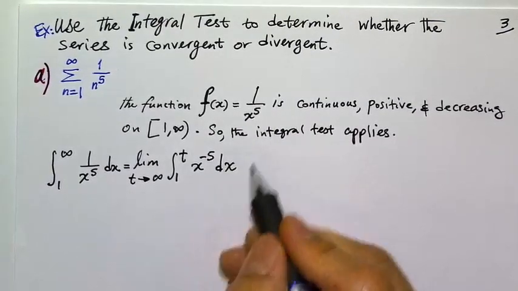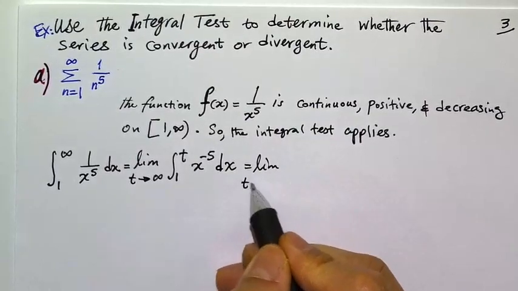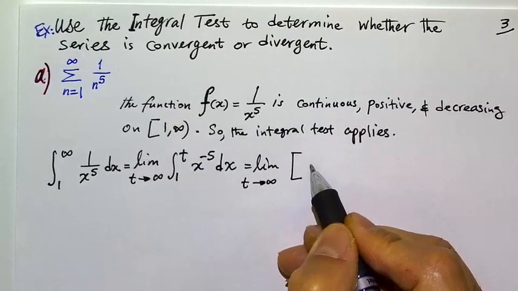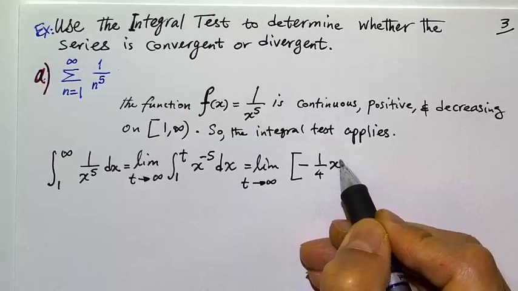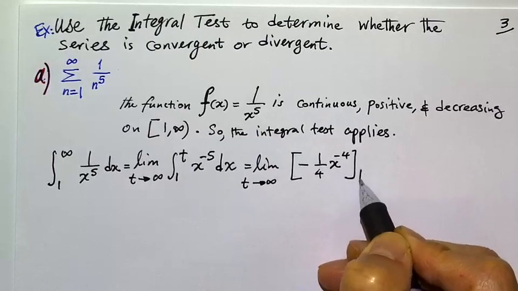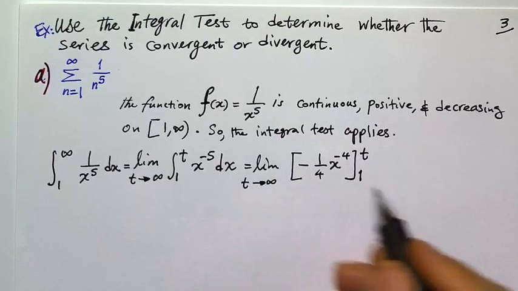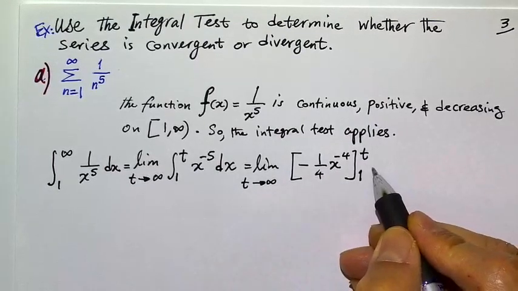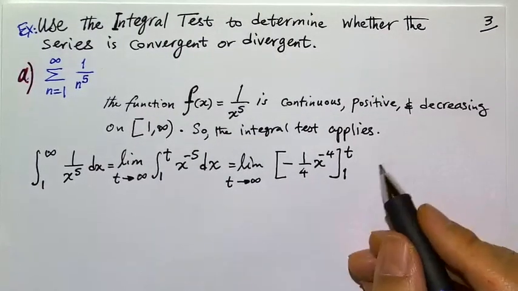So after that, we can just calculate the integral, and this would be negative 1/4 x to the negative 4 power from 1 to t, right?